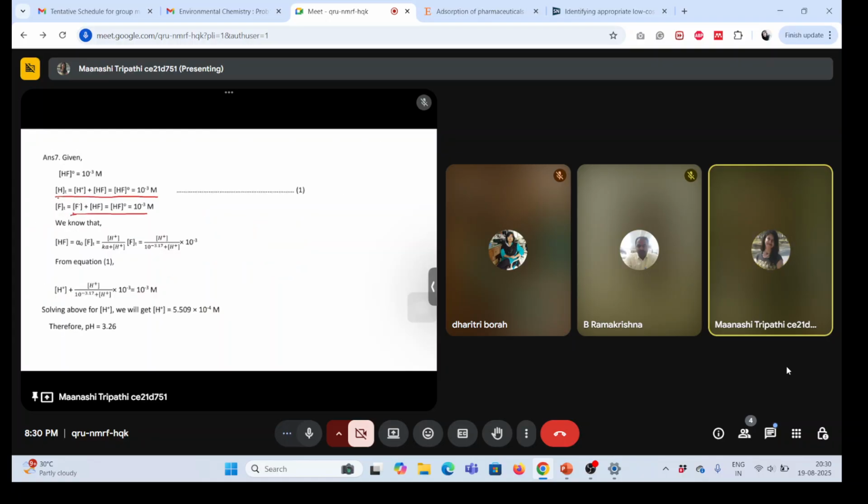So HF is equal to, now we are using the ionization fraction, alpha naught Ft. So how will we write alpha naught? H plus upon Ka plus H plus. Just by putting all these values in this equation and solving for H, we will get H plus this much, and then pH will be 3.26.